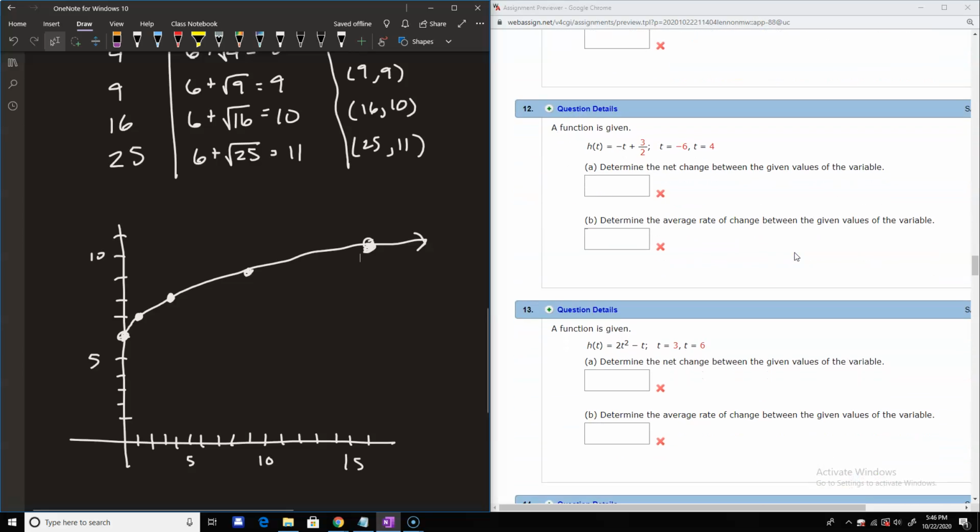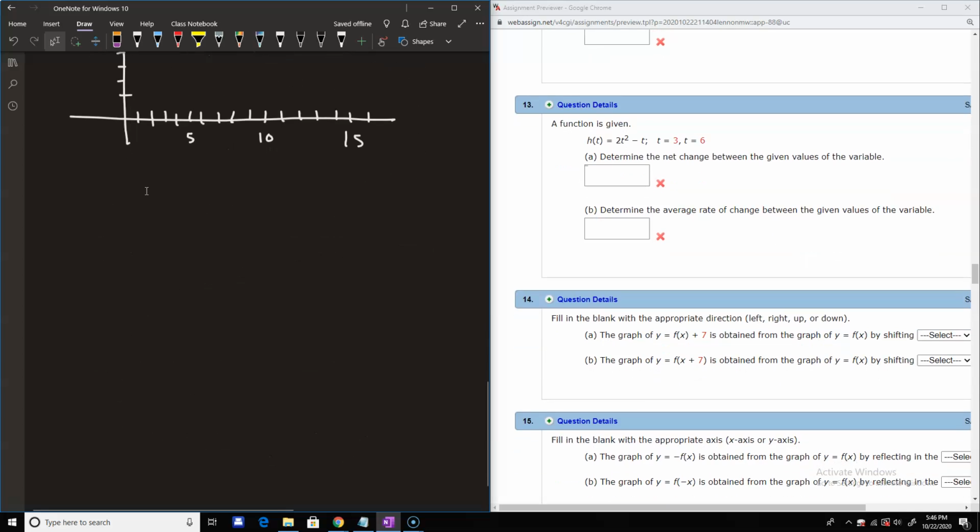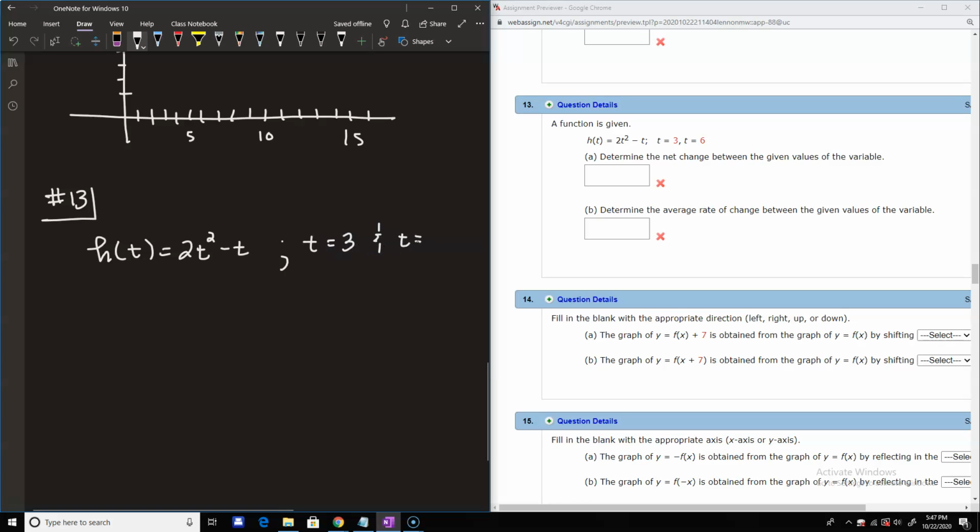Okay, so why don't we look at an average rate of change problem. Let's look at number 13. So we have h of t is 2t squared minus t, and we have t equals 3 and t equals 6. So to find the net change and the average rate of change, we need to plug both of those values in.